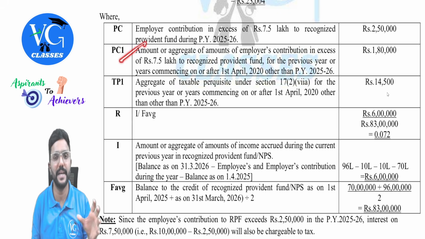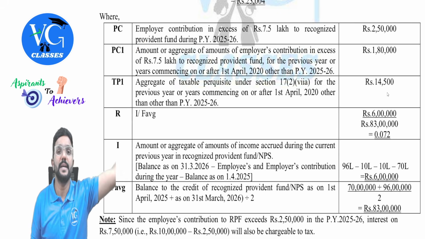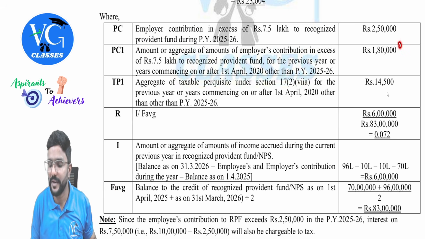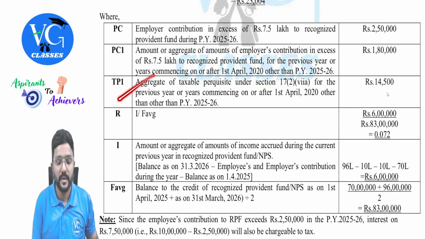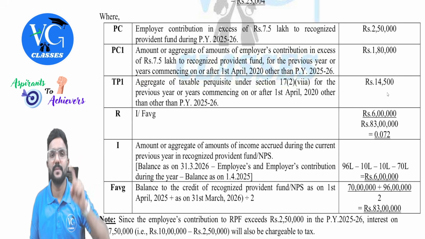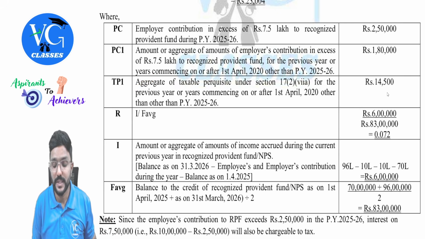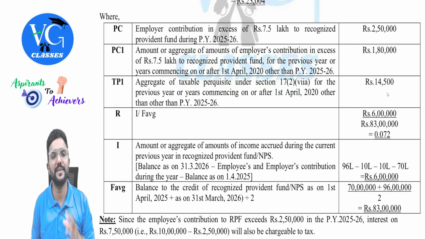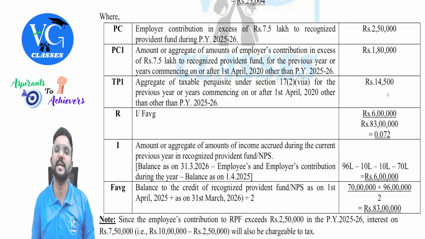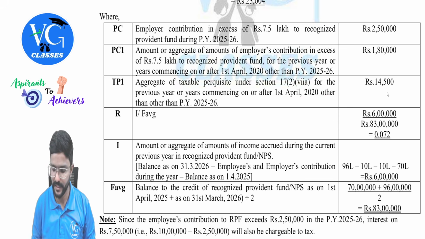Then PC1 is the aggregate of perquisite which was taxable in the past under section 17(2)(vii), 180. Then the aggregate of perquisite which was taxable in the past under section 17(2)(viia), starting from 1st April 2020, because this provision was introduced only from 1st April 2020, guys. So 14,500.